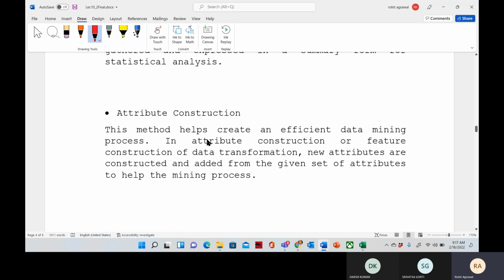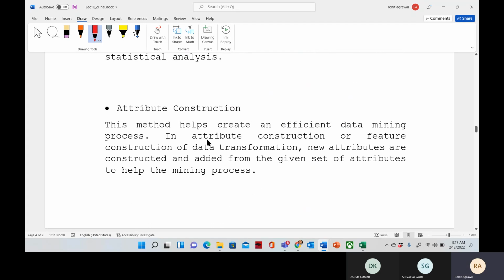The second one is attribute construction. It depends on the data. Instead of taking the whole data, you can take some important attributes. Suppose you have some data, you transform it and gather some important attributes. It can be anything, some important attributes you have selected.